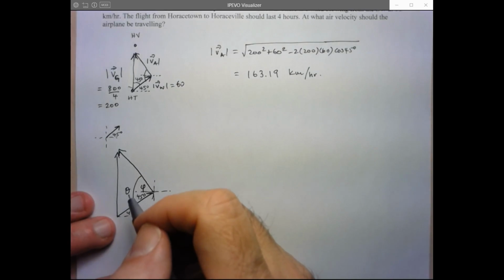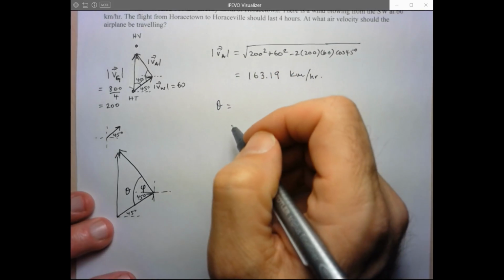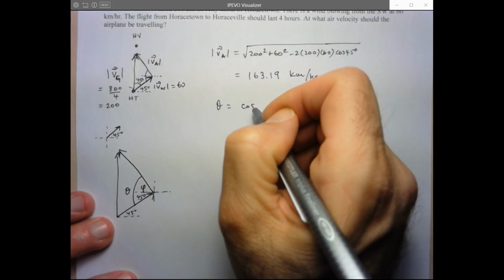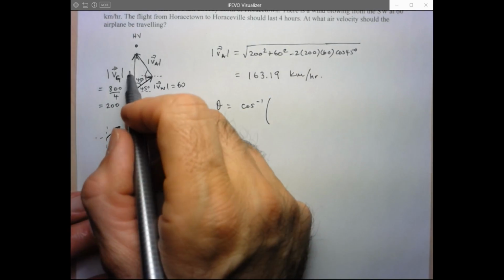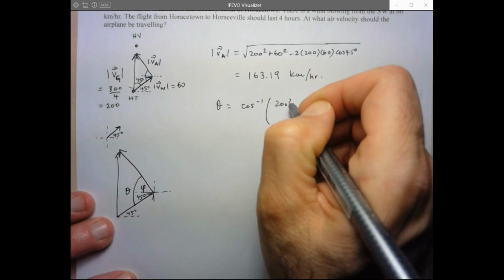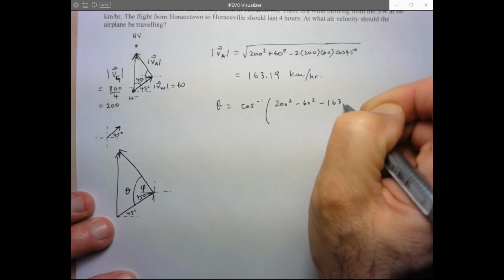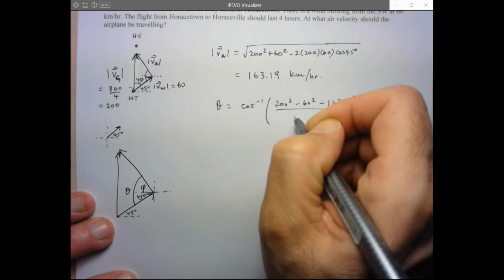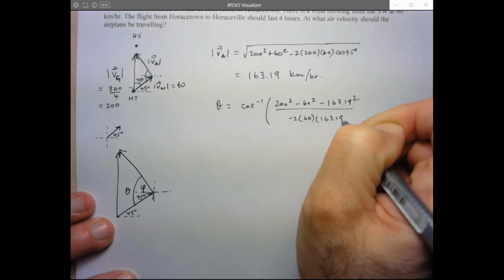Again, as I usually do, I'm just going to use the cosine law to spare myself any possible issues. That's going to be cos inverse of, if this is the angle I'm looking for, its opposite side is the 200. So it's 200 squared minus 60 squared minus 163.19 squared, all over negative 2 times 60 times 163.19.